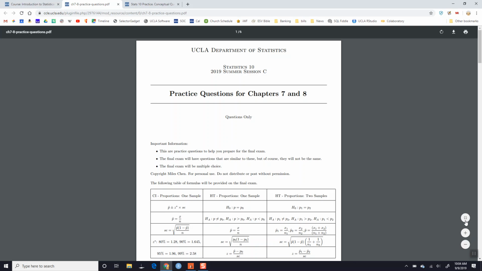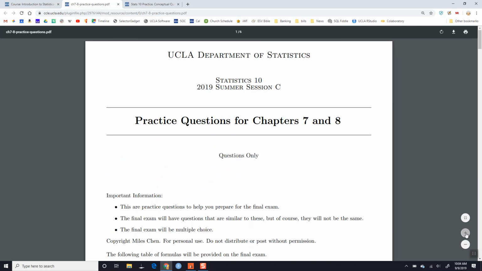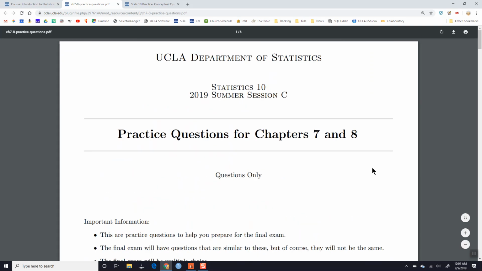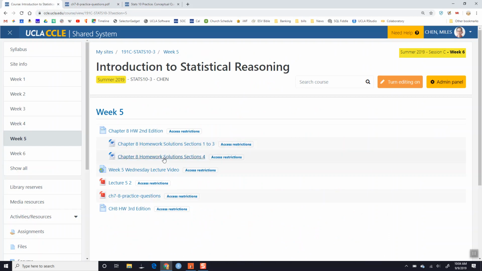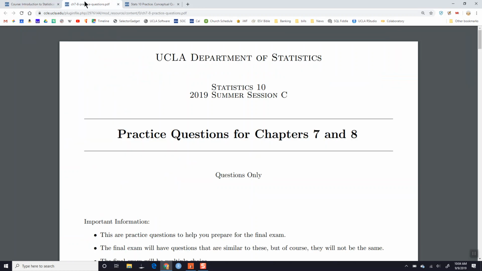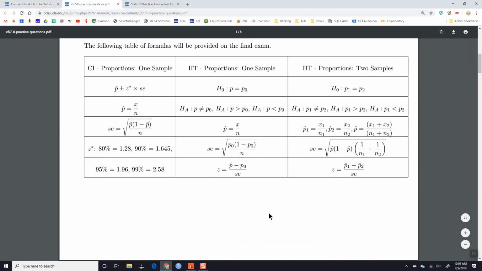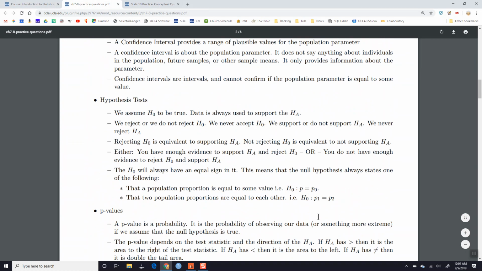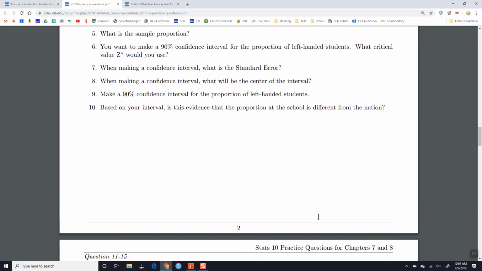I've written a little bit about the final exam, so I hope you all took a look at the chapter 7 and 8 practice questions this past weekend. I do feel that it will be helpful in preparing for the final.